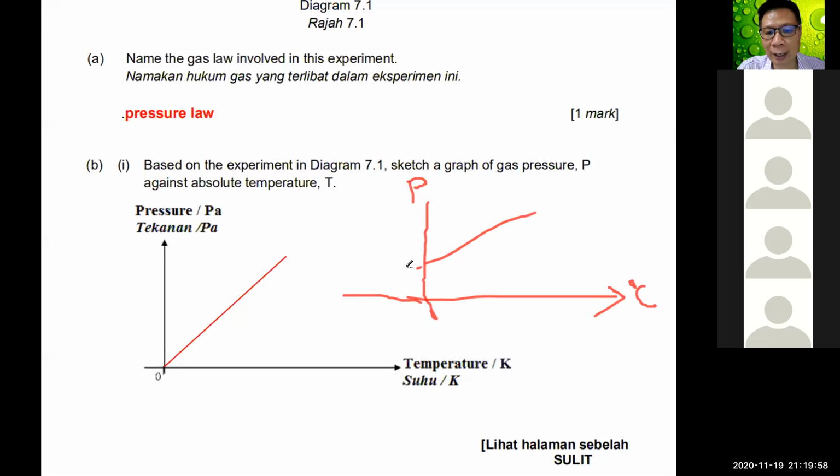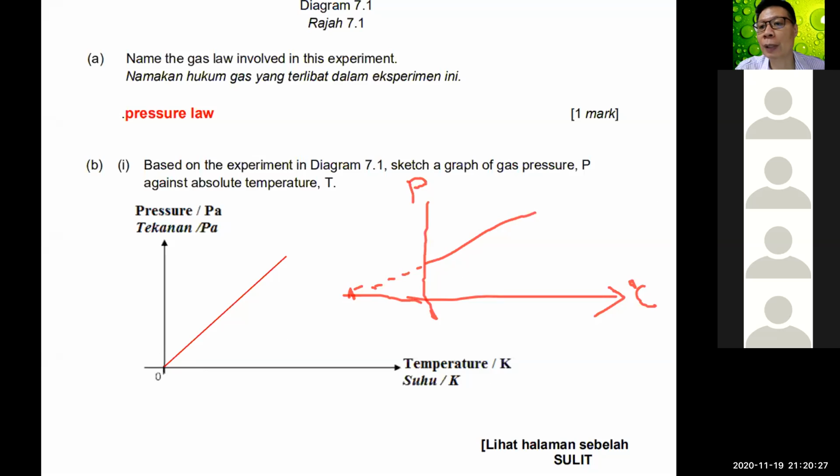Then when you extend the graph, you find a very important number here. When it's degree Celsius, your graph is like that. When in Kelvin, like that. What number is here when you extend the line?